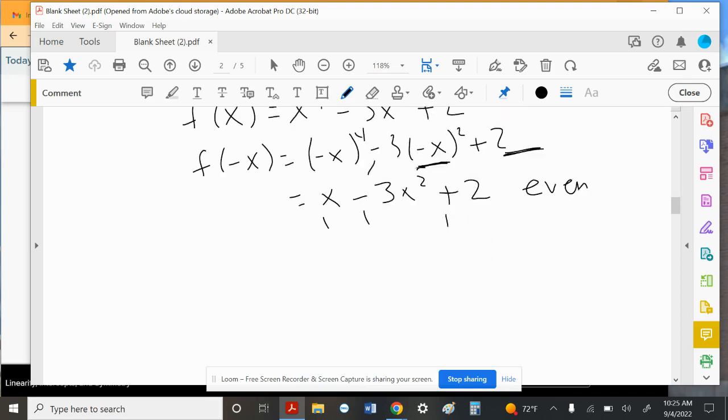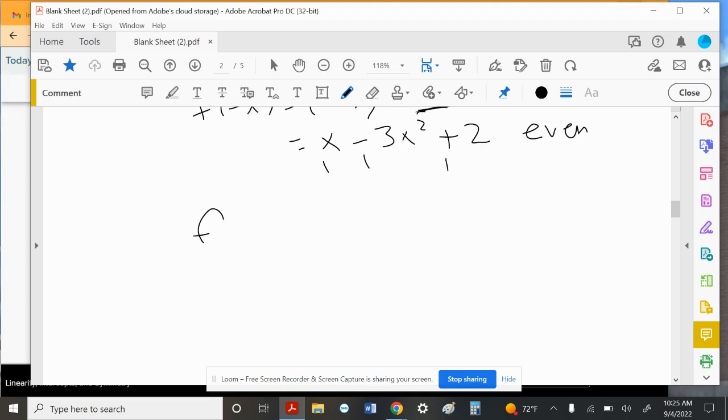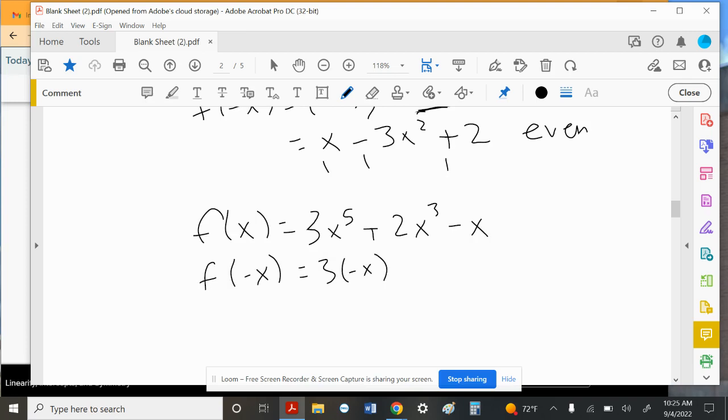Okay? And then an odd function would be, here's f of x equals 3x to the fifth plus 2x to the third minus x. And now I plug in a negative x. So I get 3 times negative x to the fifth plus 2 times negative x cubed minus negative x.